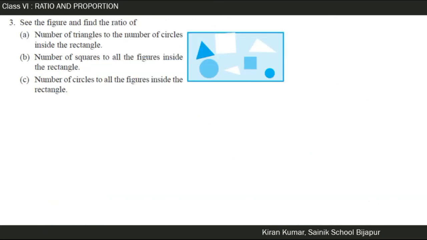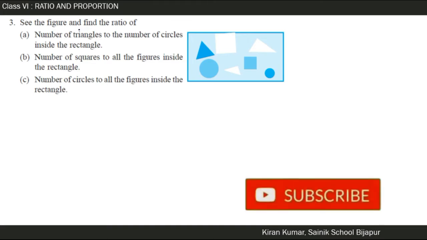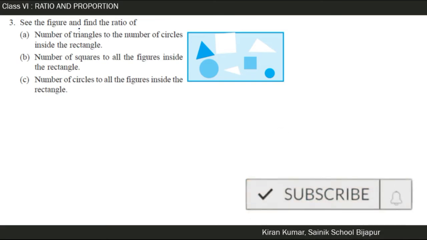Question 3. See the figure and find the ratio of the number of triangles to the number of circles inside the rectangle. The second one is to find the number of squares to the number of all the figures inside the rectangle. In the third, we need to find the ratio of the number of circles to all the figures inside the rectangle.